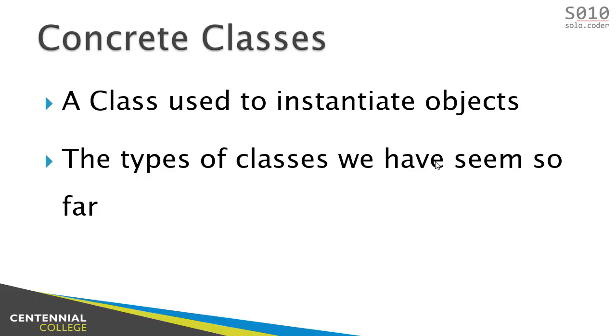Now, why am I bringing this up? Because we're going to talk about the opposite of a concrete class. Is the Object class a concrete class? Yes, you can instantiate it, though we don't use it too often.